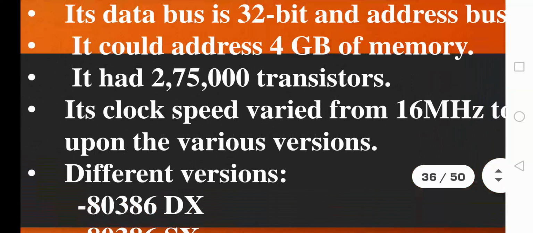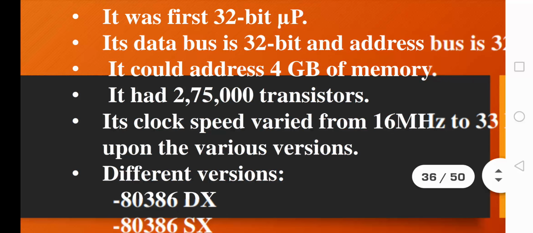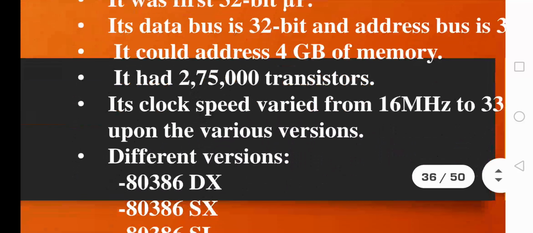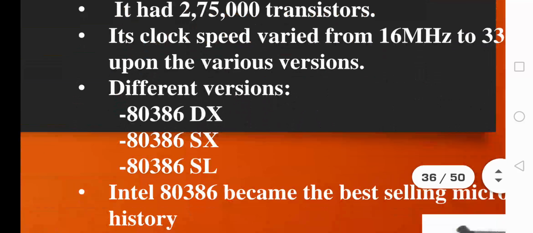This processor exists in various versions. The 8085 processor also had various versions. Likewise, the 80386 was designed in 3 versions: 80386 DX, SX and SL.